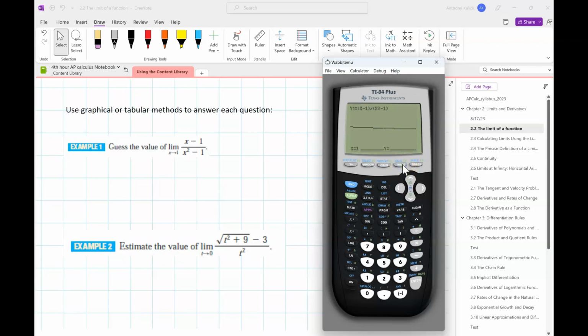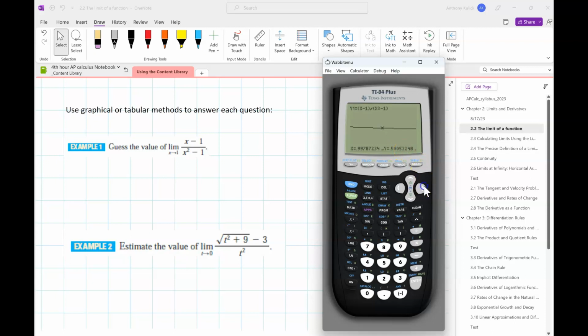Well, if I hit the trace button on my calculator, down here it tells me that I'm at the point x equals 1, and then there's nothing for the y. Why is there nothing for y there? Because that's where the discontinuity is, so there is no y coordinate there. If I take one tick to the left, I have 0.997, comma 0.5005.